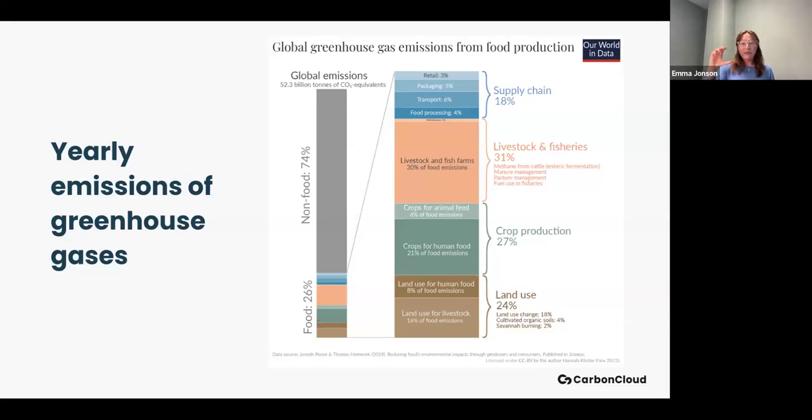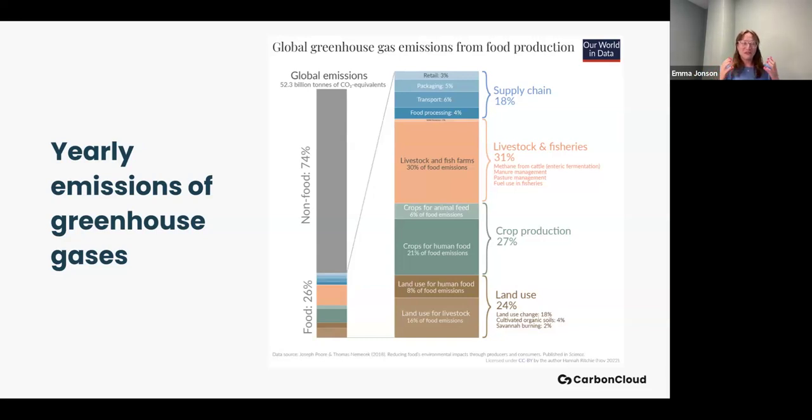And then moving up, the last blue part represents the later part of the supply chain. So food processing, transport, packaging, and retail. And it's interesting to note that these parts are not a very big share of the total impact of food production.